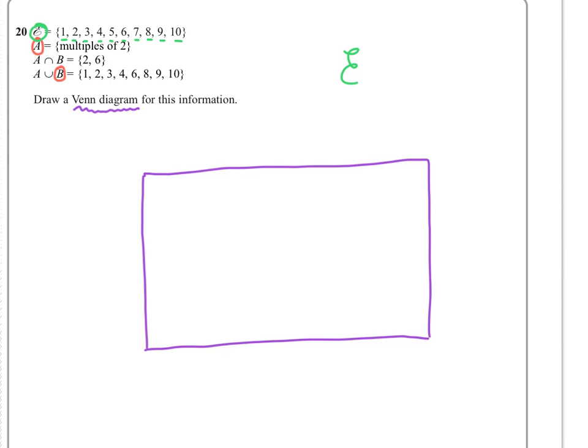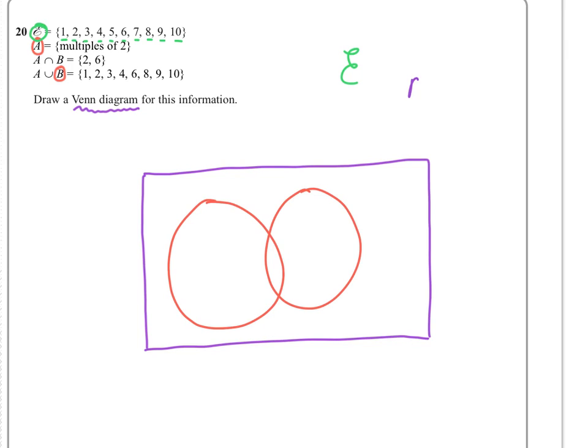Now as there are 2 sets within it, A and B, we'll draw these as circles. Now normally you don't have 2 circles like this. What you would normally have is 2 circles like this. And there's a reason for that, because if we look closely here, we can see it says A and then this symbol B. Now that symbol here means intersect, so it means where A and B overlap.